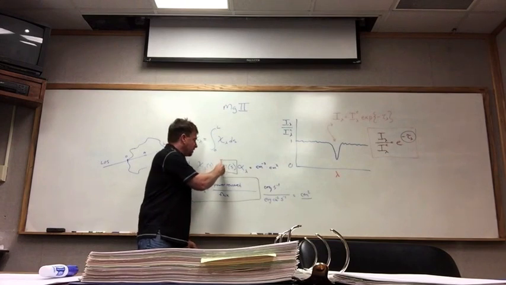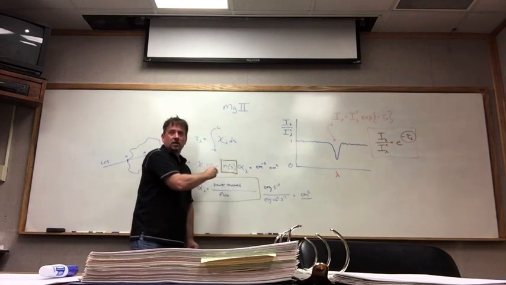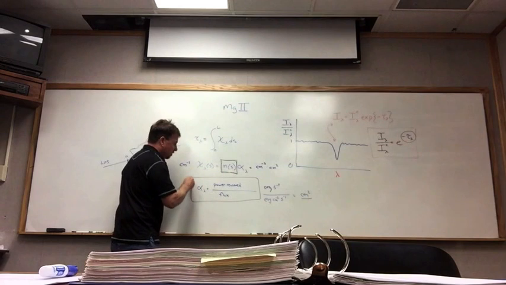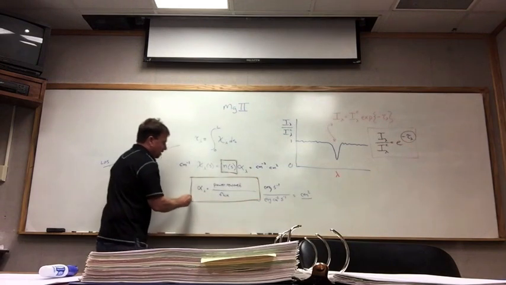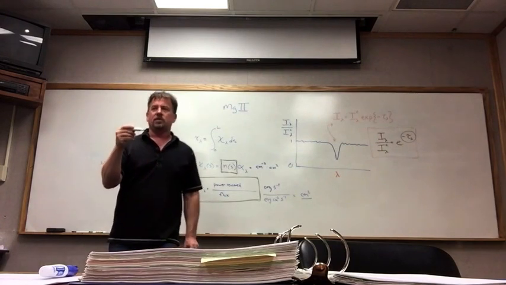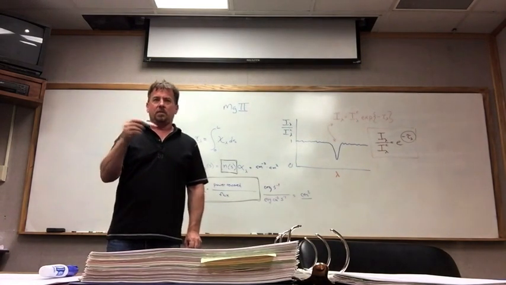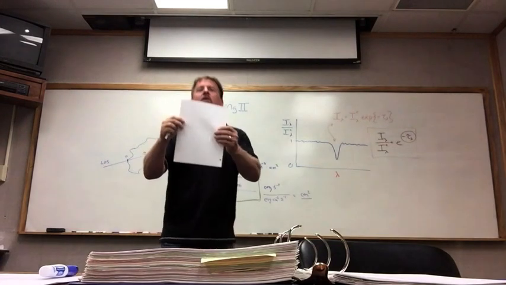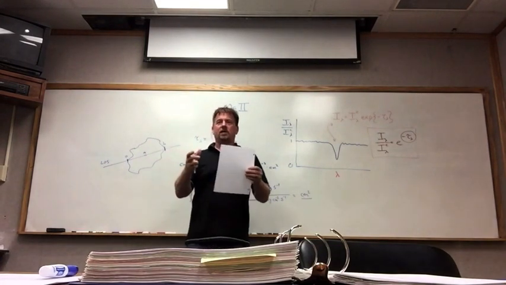There's some physics hiding in here: temperature, density, photon field. Everybody with me on that? Same thing with the cross-section. Part of that cross-section is the actual atomic physics. But part of that cross-section depends upon whether the atoms are moving toward the light beam or away from the light beam, the Doppler effect.